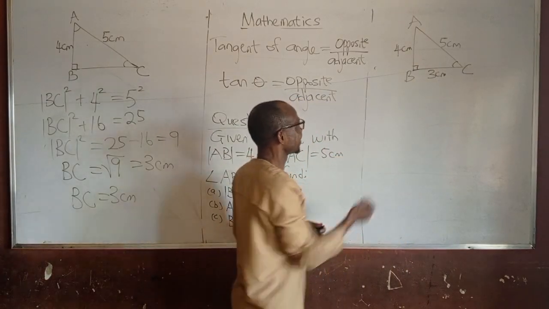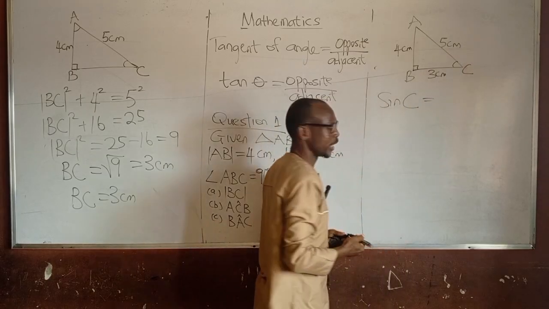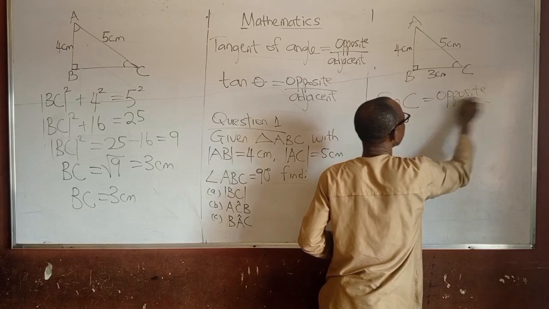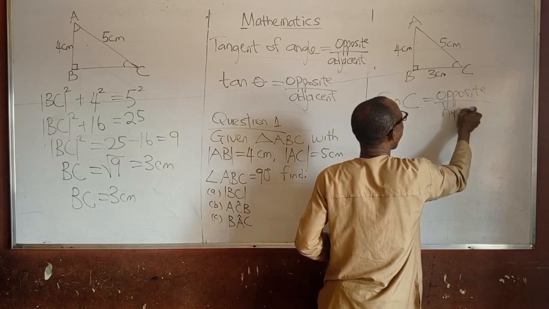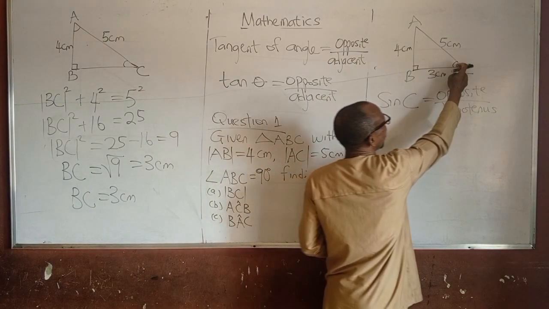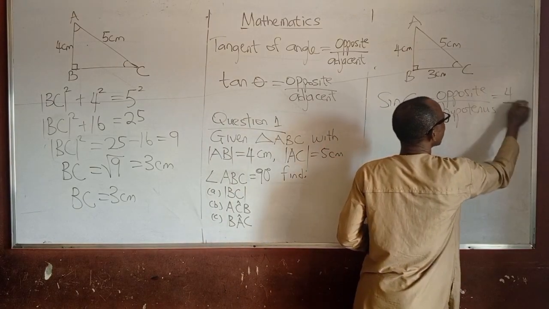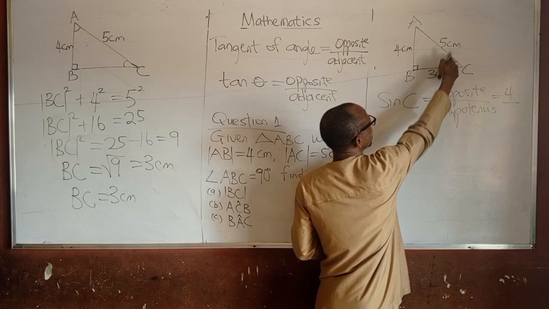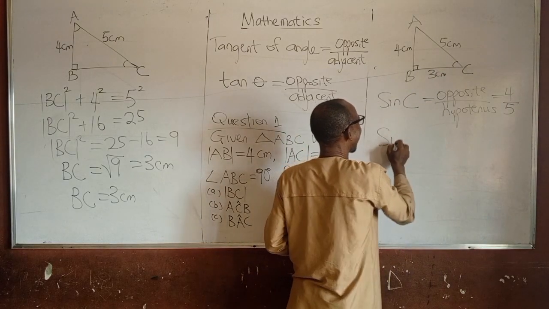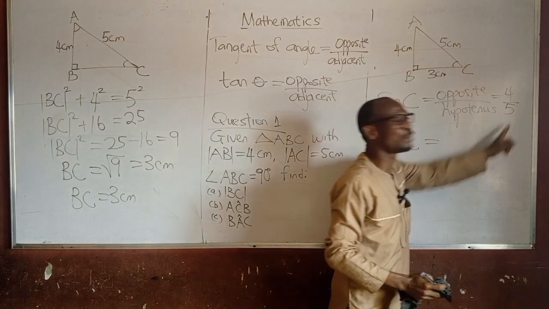We fit say sine C, which is this angle here now, is equal to what? Opposite over hypotenuse. What will be the opposite of C here? Now 4. And what will be the hypotenuse for C here? Now 5. So our sine C is equal to 4 divided by 5.